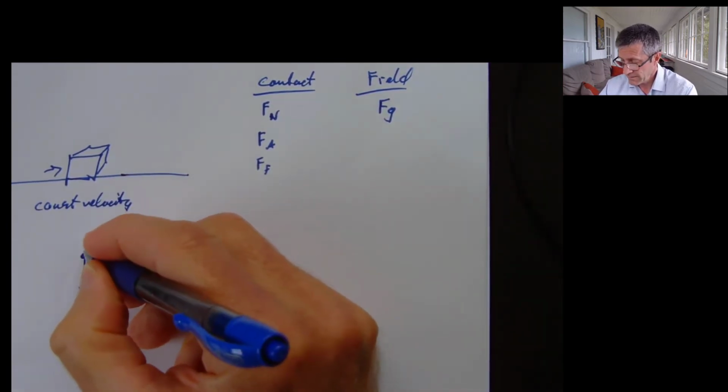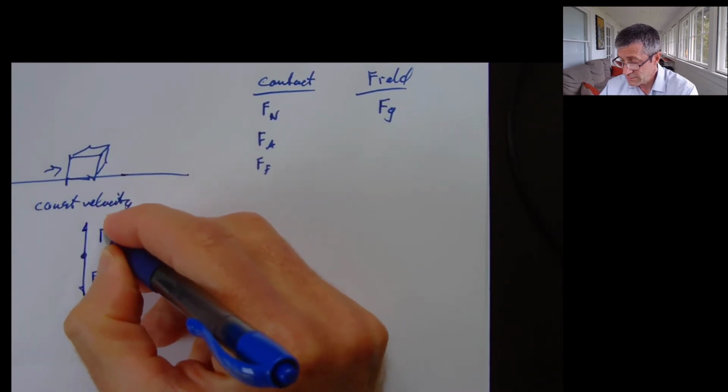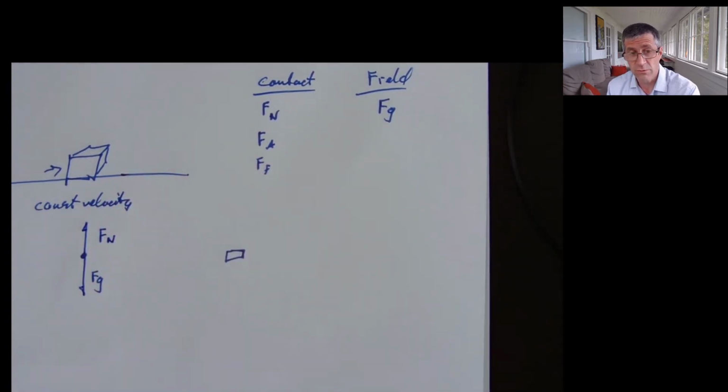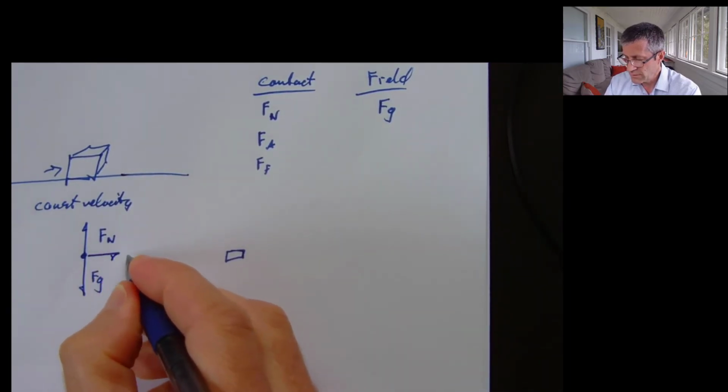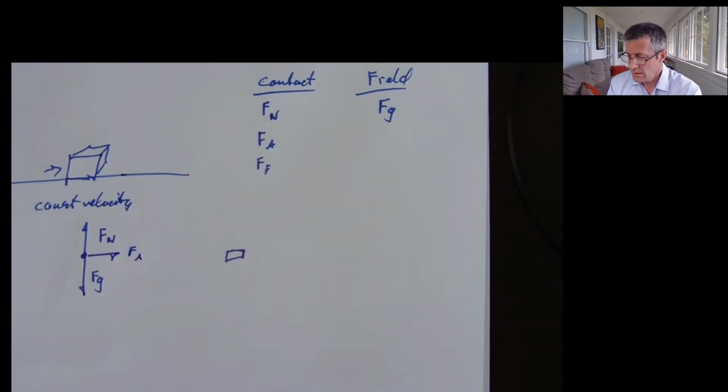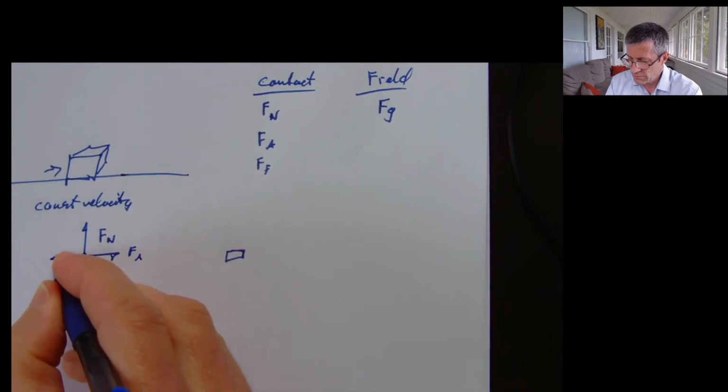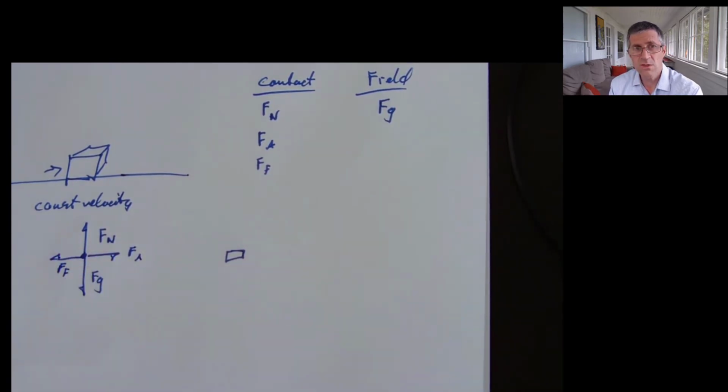I'm going to have some force that's pushing it up, and we'll get into that in just a minute. We'll call it a normal force. I'm going to have the force that I applied to move it in this direction. And then I'm going to have the frictional force, which is always going to be opposing motion. So frictional force always opposes motion. And we'll get into a brief calculation for that.